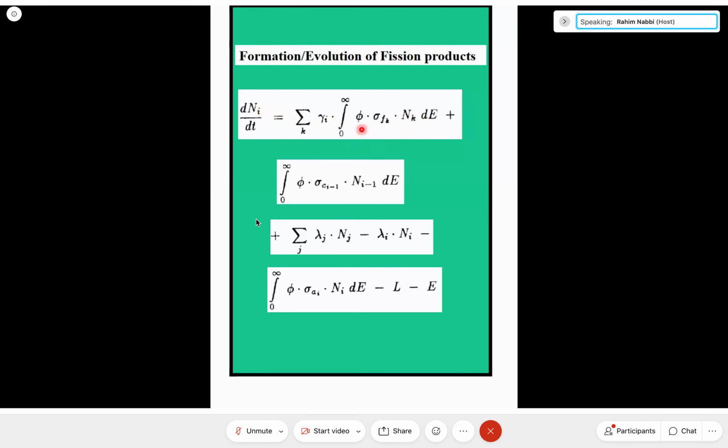So that would be the whole production term due to the fission process.